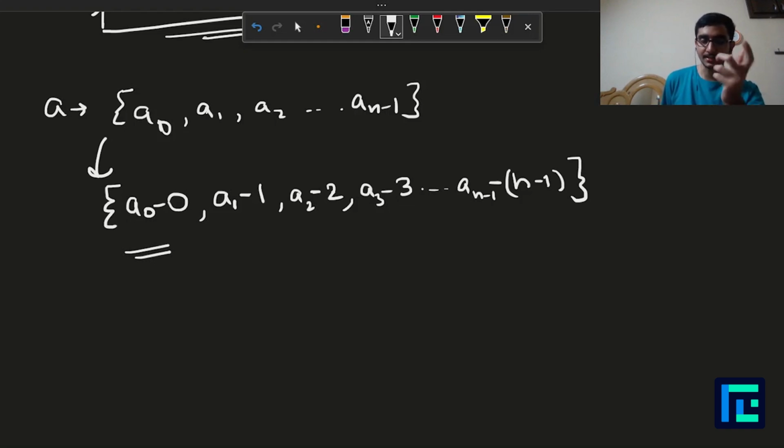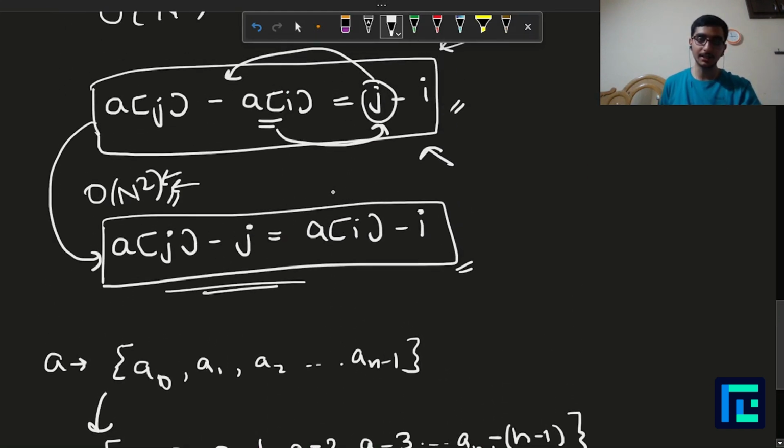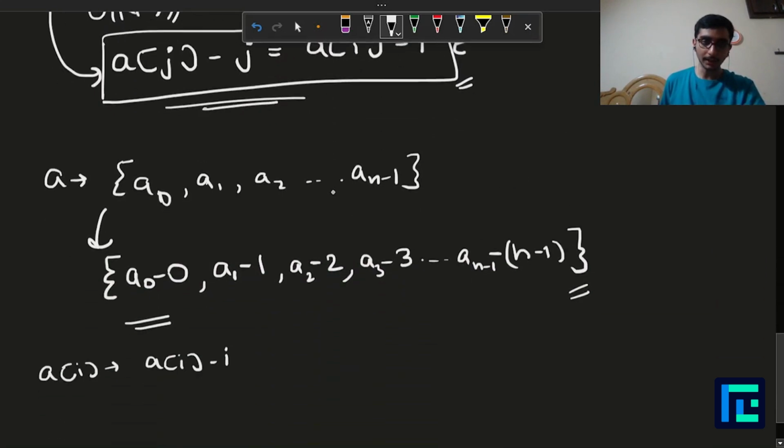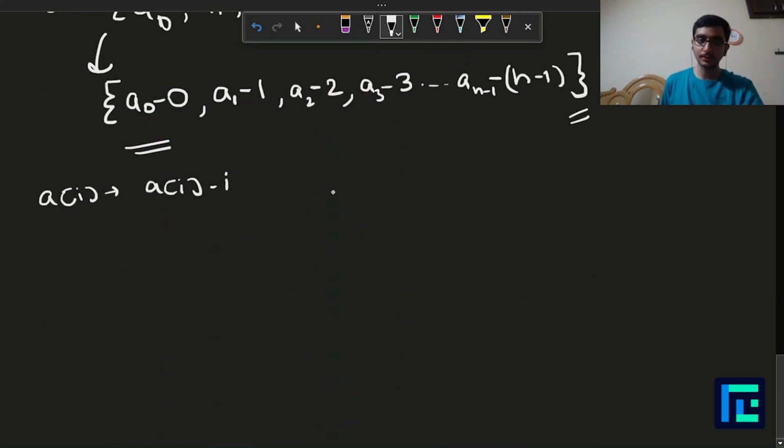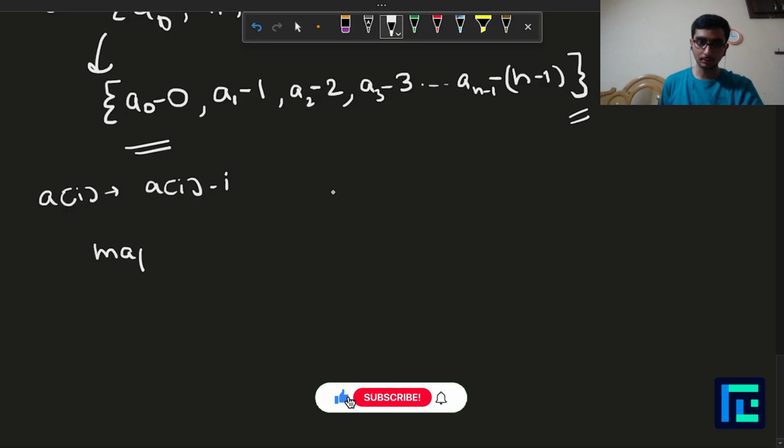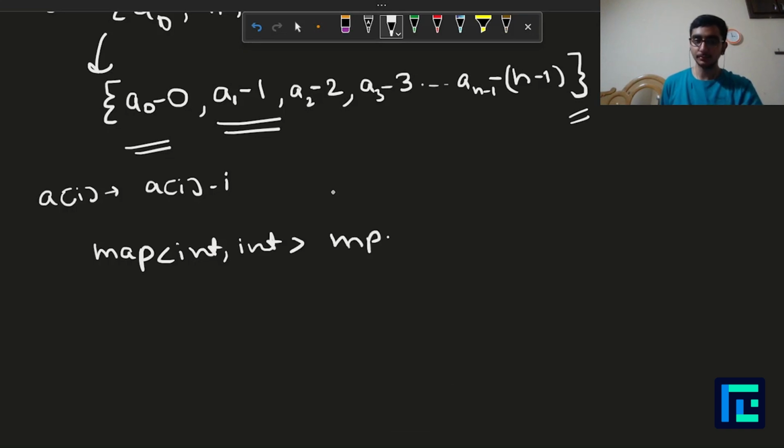Now let's see how these two operations, changing A of I to A of I minus I and changing our equation into this form, correlate. So now what I'll do is I will store this information inside a map. So I'll create a map. Let's say it is MP, and mp.first would store value.